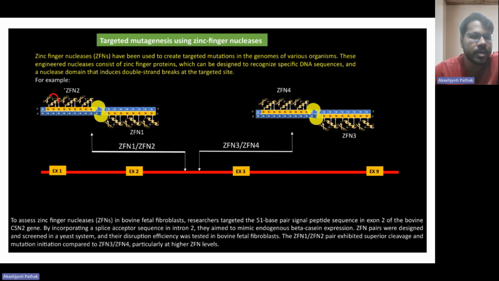These individual zinc finger proteins are composed of one helix and two beta sheets, and they recognize nucleotide bases in triplets, as I was showing in the earlier slide, plus a nuclease domain that induces double-stranded breaks at the target site. Because it has this FokI endonuclease, it forms a zinc finger nuclease dimer. Only when it forms a dimer will this FokI be able to cleave a portion of the DNA.